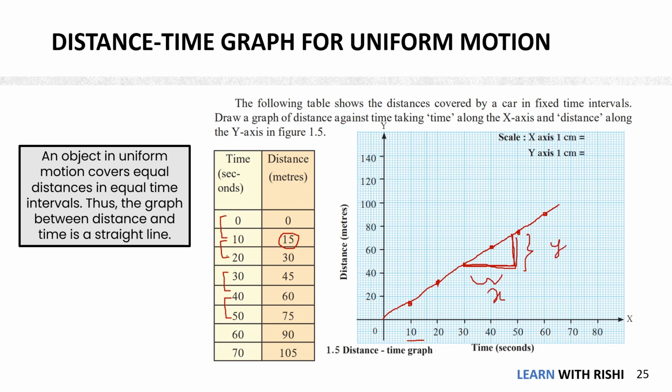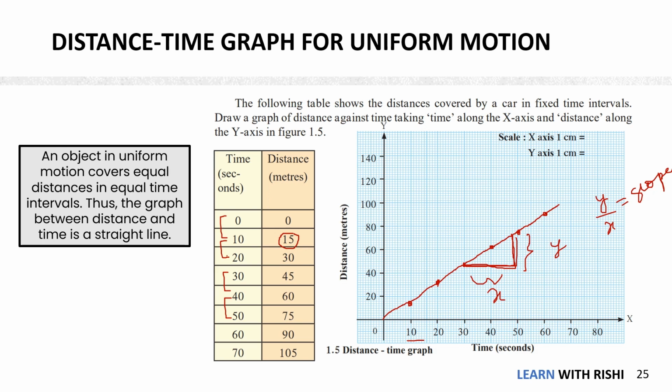If I take the ratio of y coordinate upon x coordinate, we get the slope of the graph. And the slope of the distance time graph is nothing but velocity or speed, because on the y-axis we have distance and on the x-axis we have time. So distance upon time will give us speed.